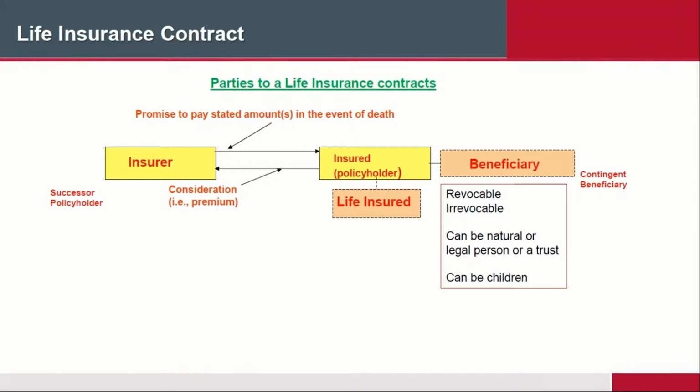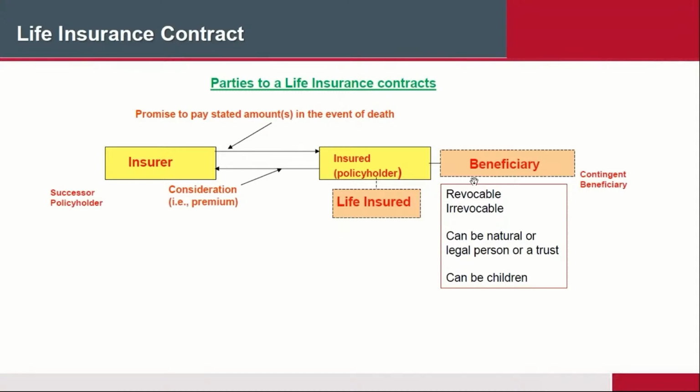Unless I have a contingent policyholder, in other words, a successor policyholder, once again, my estate will own it. And that's not a good thing. So in a third-party policy, you should also have a successor policyholder, which is on the left side of your screen. Whenever you have a third party, you should always have a successor, just to make sure that the monies do not go to the estate.